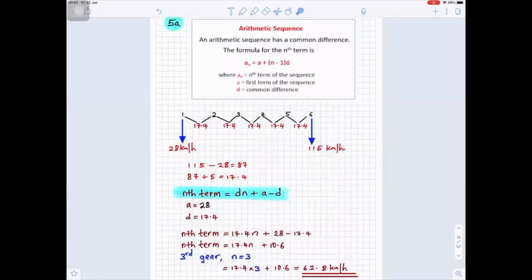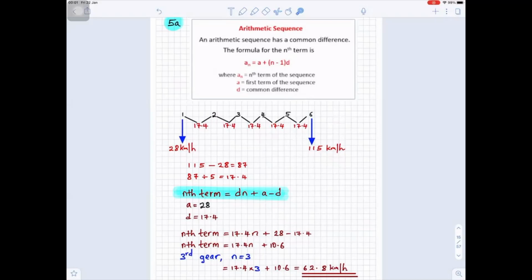So what we want to do is use an arithmetic sequence. I've got at the top there the formula for the arithmetic sequence. A is the first term and D is the difference. So we've got the first, second, third, fourth, fifth, and sixth gear. First is 28 and the sixth is 115.